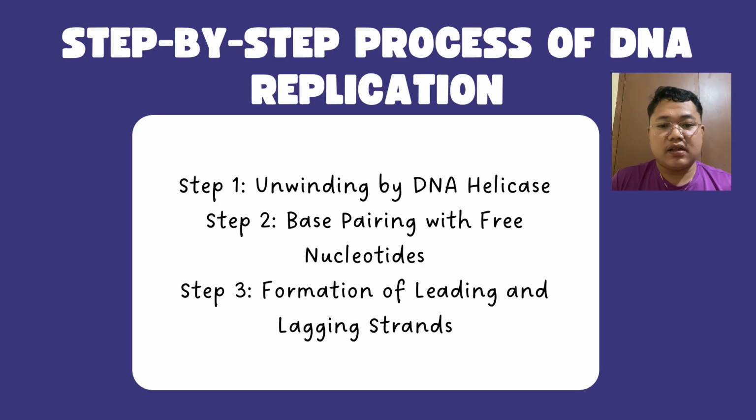The first step is the unwinding by DNA helicase. The enzyme DNA helicase attaches to the DNA molecule and begins to unwind the double helix. As it moves along the strand, it breaks the hydrogen bonds between the base pairs, like unzipping a zipper.